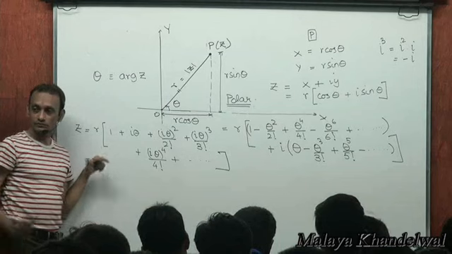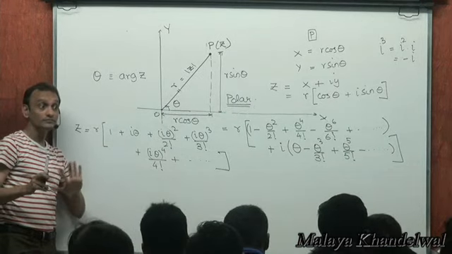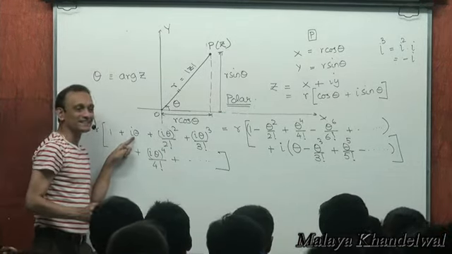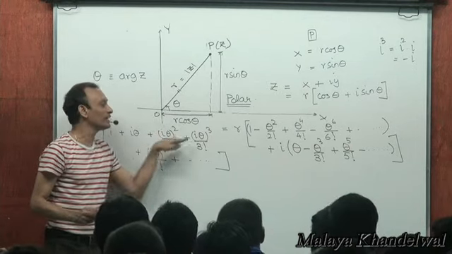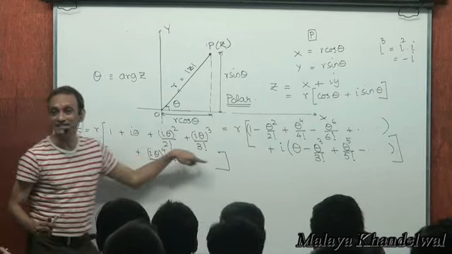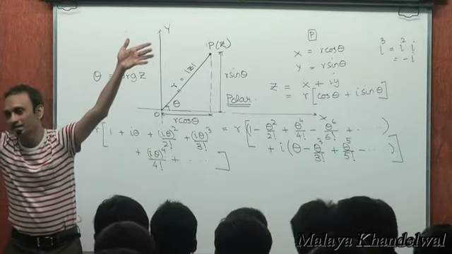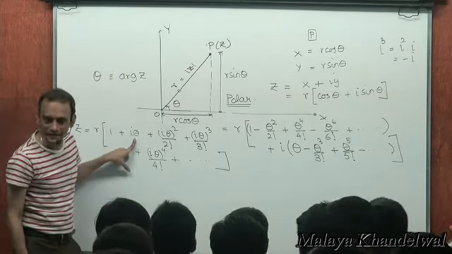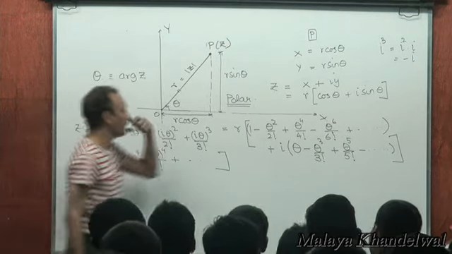Let's see. 1 plus x squared by 2 factorial plus x cubed by 3 factorial plus x to power 4 by 4 factorial, etc., is going to be e to the power x, where in this case x is i theta. Right?